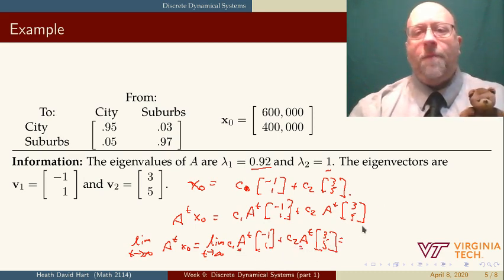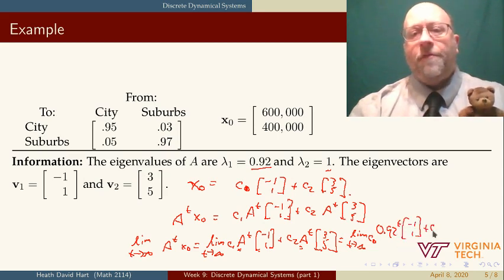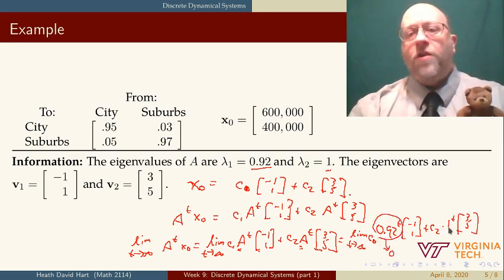And so this becomes the limit as t approaches infinity of c1 times 0.92^t times (-1, 1), plus c2 times 1^t times (3, 5). 0.92^t approaches 0, and 1^t approaches 1, and so we just get c2 times (3, 5).